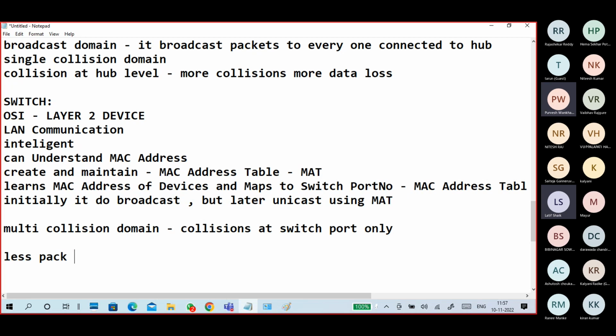Less packet data loss. Of course, one point we missed: it is suitable for both small and large LAN networks.